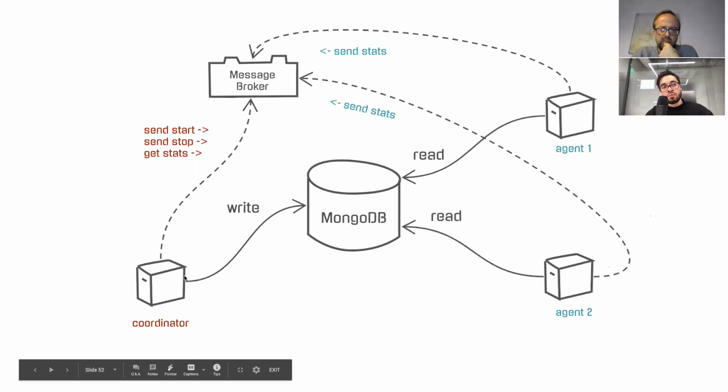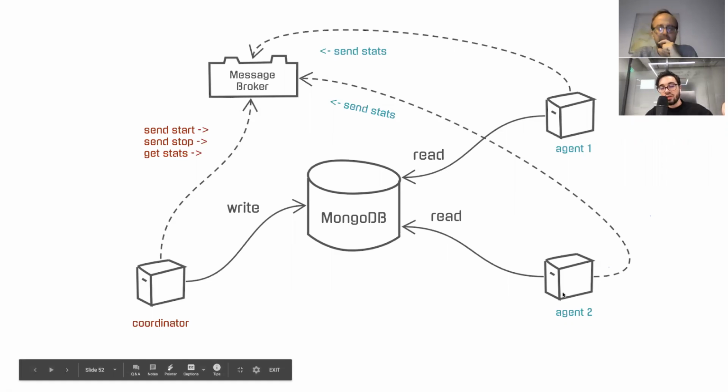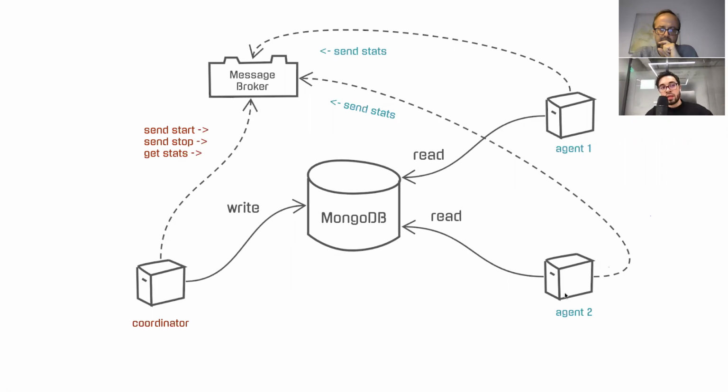The question was about memory and CPU issues on the agent. Yes, for now they don't report that. They just send metrics regarding the test execution, how many bytes they transferred, how many errors they got from scenarios, but not about their internal environment.